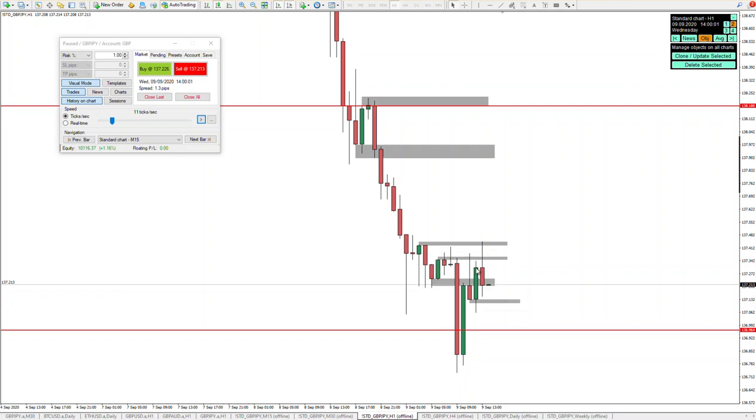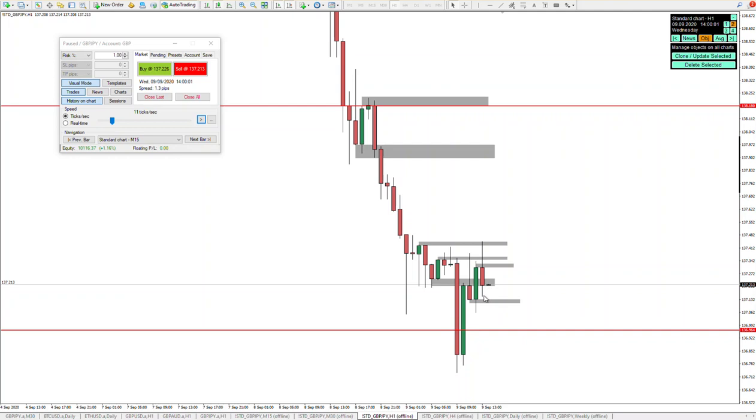It was not able to create a resistance higher compared to this and to this, so we really got a lower resistance created on the hourly. Price is moving bearish, but it could not break the support yet.